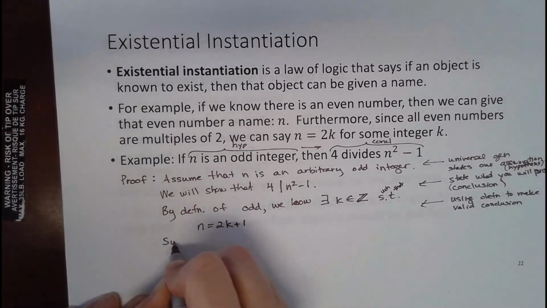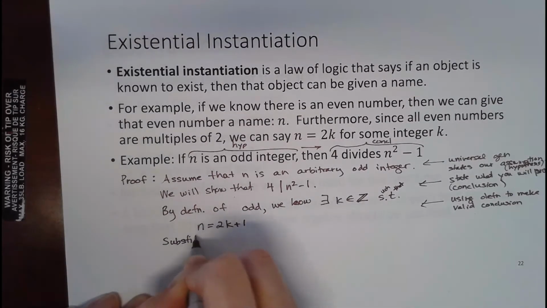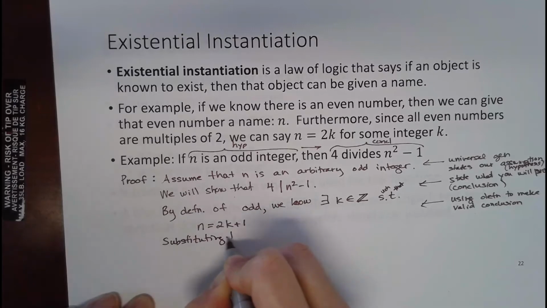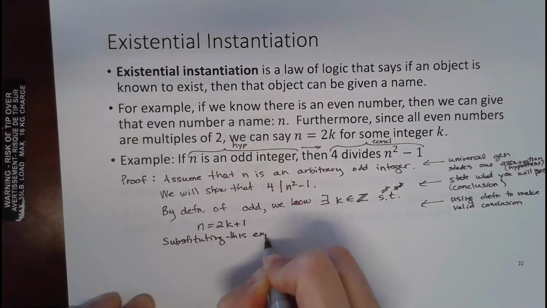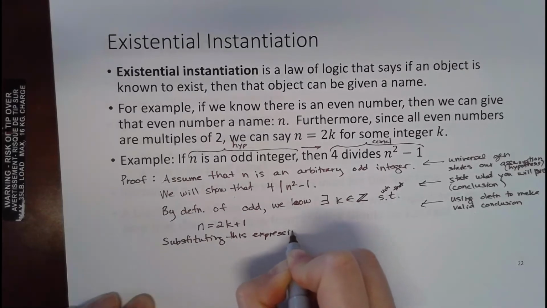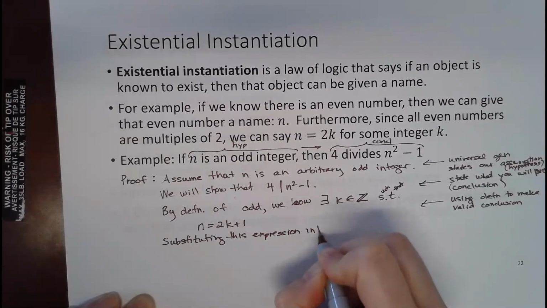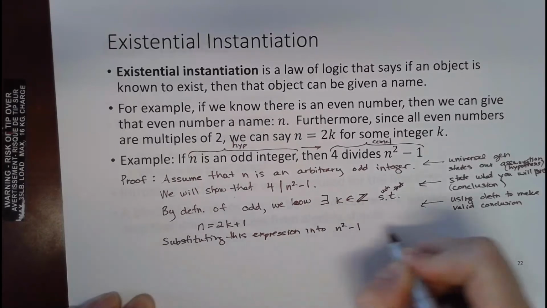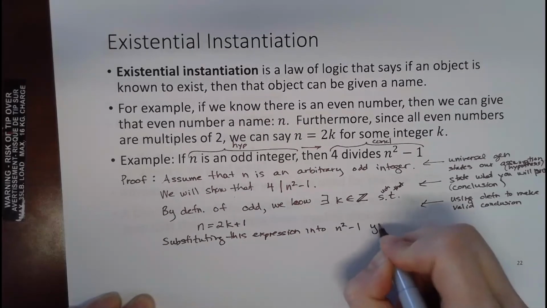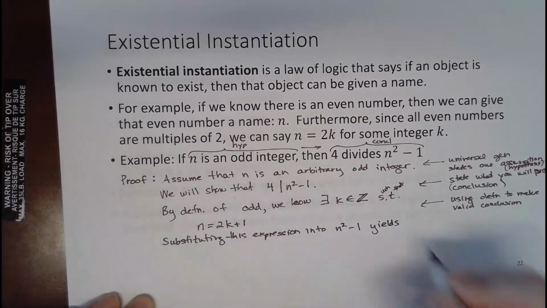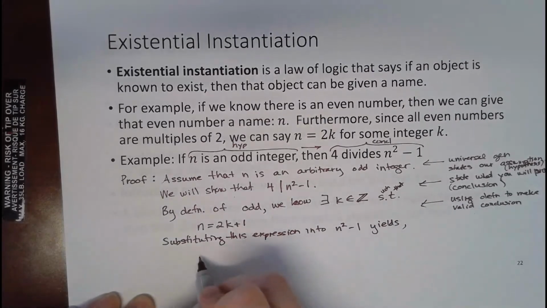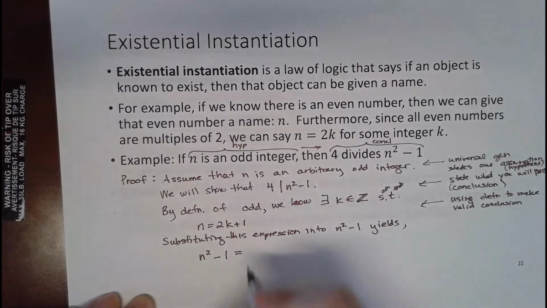So maybe substituting this expression into n squared minus 1 yields, what a fun word, n squared minus 1 equals 2k plus 1 squared minus 1.